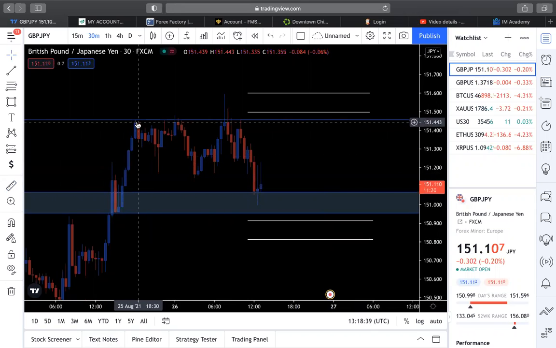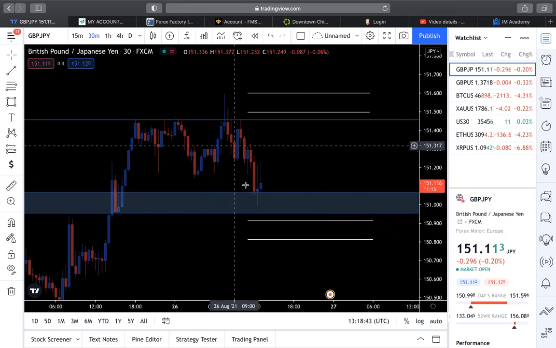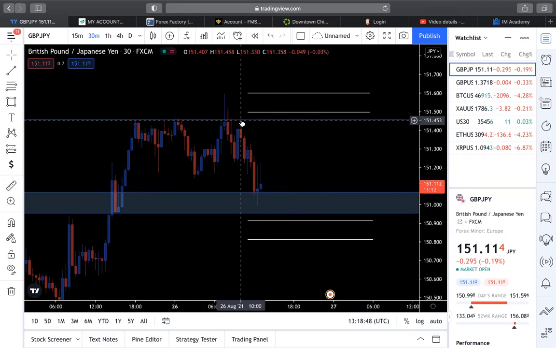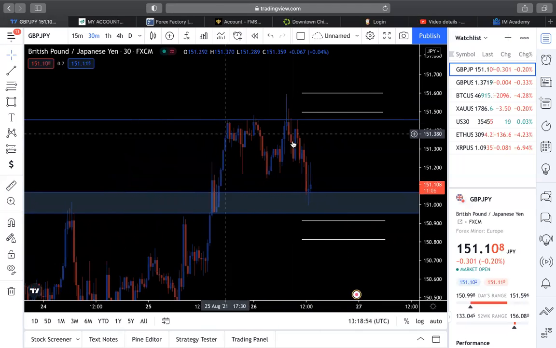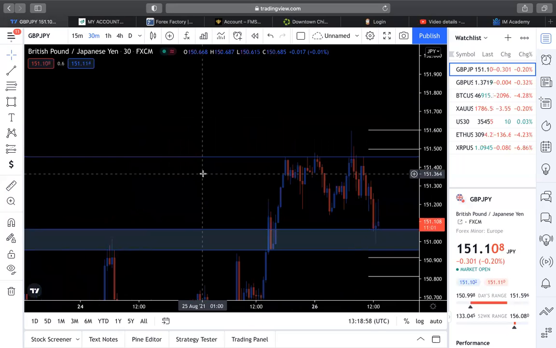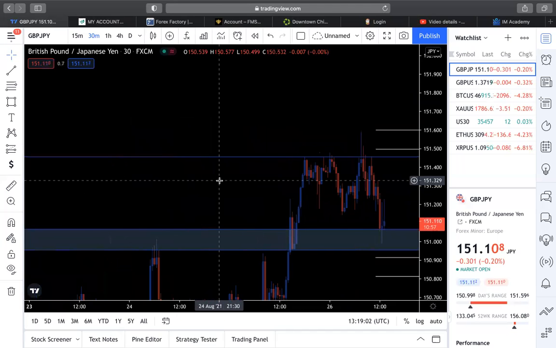It bounced right here, came down, bounced again, came down, bounced right there, came down, bounced off of this level. So it touched this resistance about 4 different times. So today it may go up, because it touched so many times. But that also tells you that that resistance level was pretty strong.